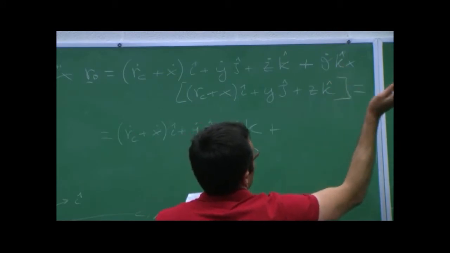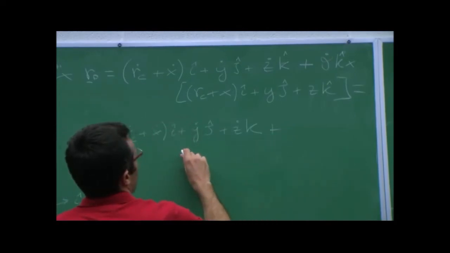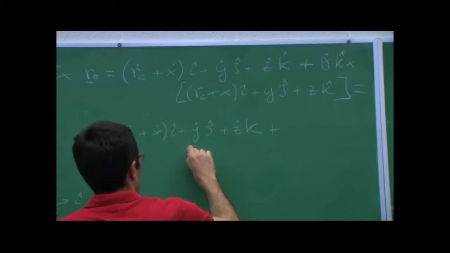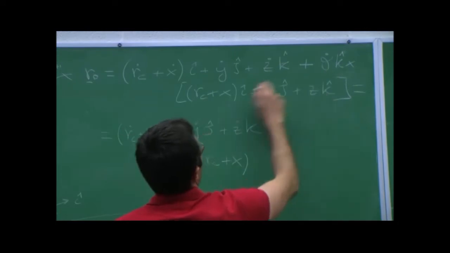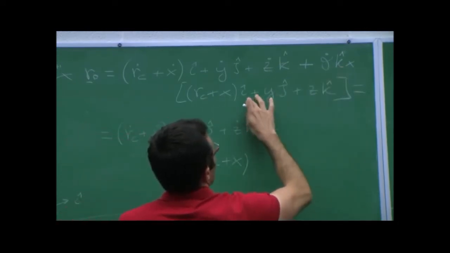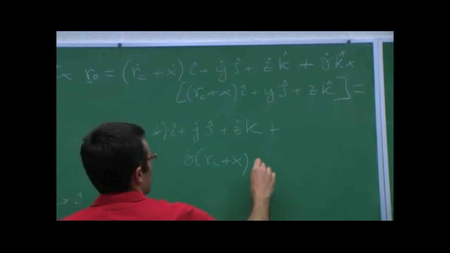K cross K is 0, so I just care about these two guys. Okay, what is the first one? I'm going to start writing stuff down here. Theta dot times RC plus x, that's for sure. Those are the scalar parts of this cross product, right? Then I have to care about K cross I. What is that? Is it J, plus, minus?